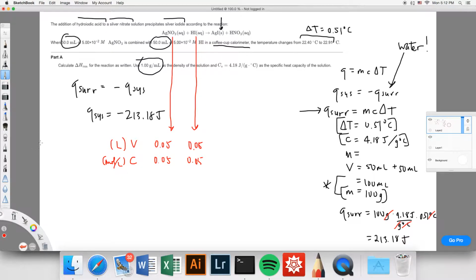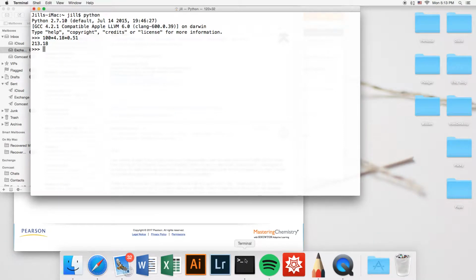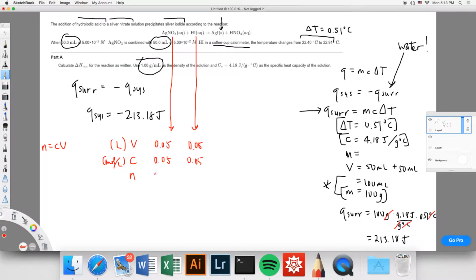And we know that n is equal to C times V. That's why we did that, right? So the number of moles of the reaction is going to be 0.05 times 0.05. What is 0.05 times 0.05? Okay, it looks like it's 0.0025, which is equal to 2.5 times 10 to the minus 3.